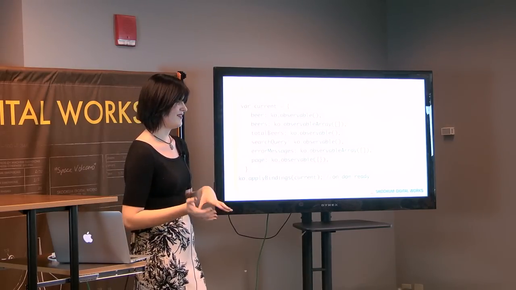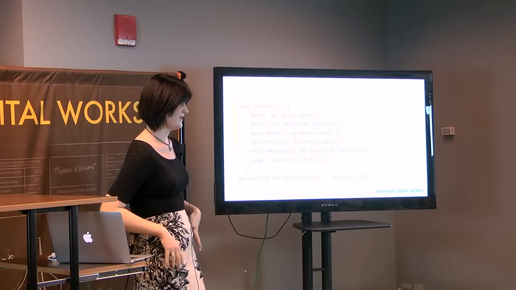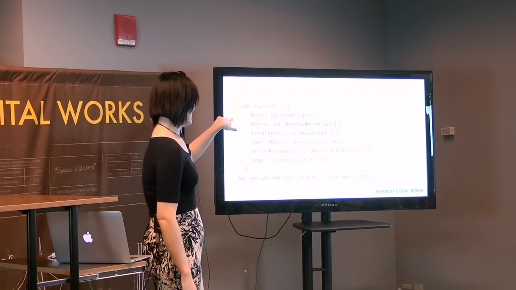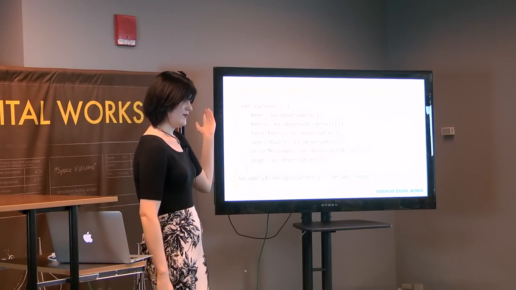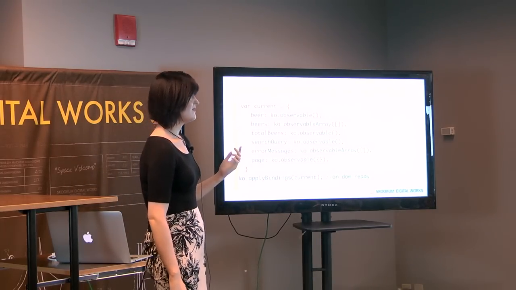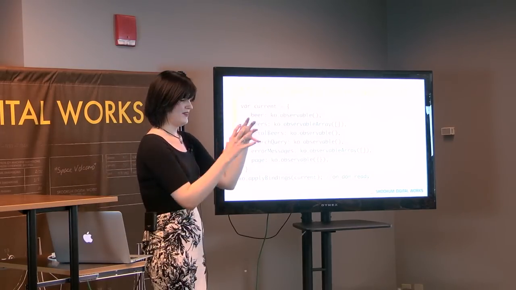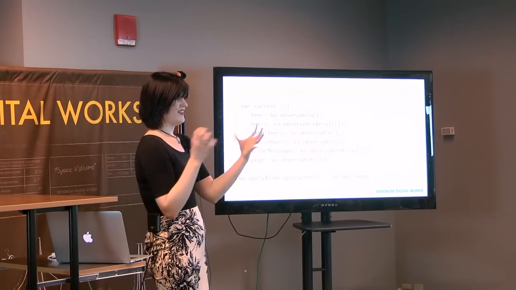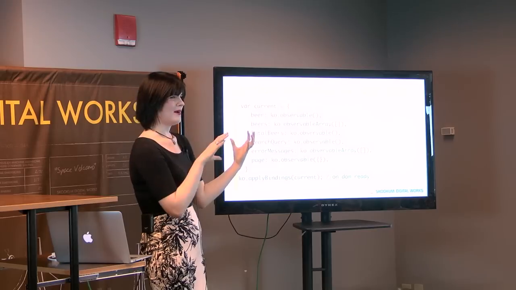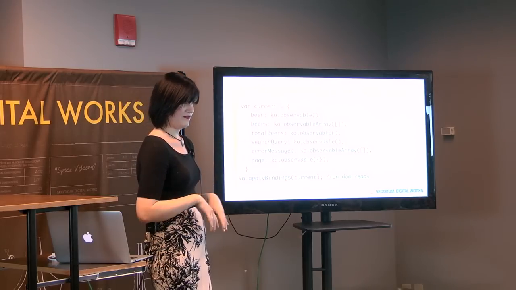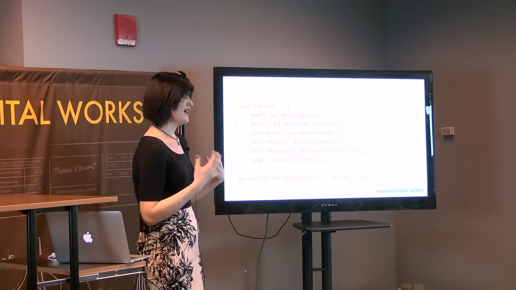For things that aren't really going to change, don't make them observables. The only thing I need to know about for beer is what the current beer is and when that changes. So what I'm storing in here will basically be that object from the server that has all that data, but the properties themselves do not have to be observables. So just be mindful of that.